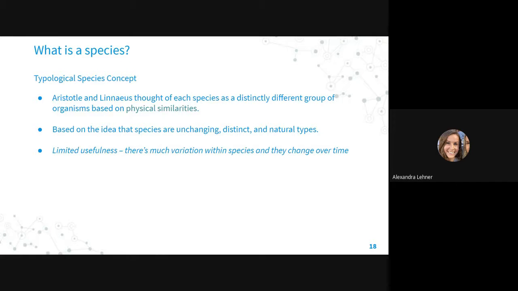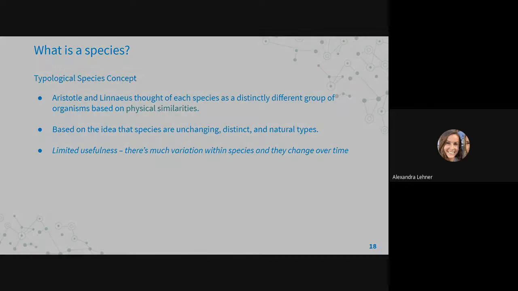The typological species concept: Aristotle and Linnaeus thought of each species as a distinctly different group of organisms based on physical similarities, based on the idea that species are unchanging, distinct, and natural types. It's limited in its usefulness because there is much variation within a species, and we know from our previous unit on evolution, there is much change in a species over time.